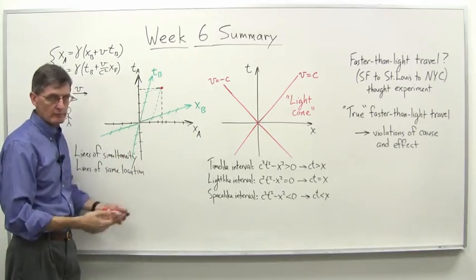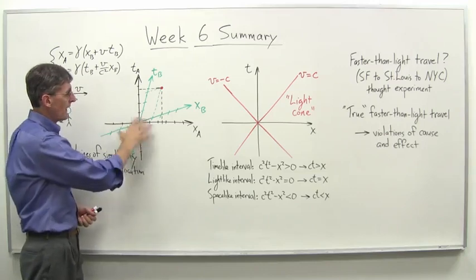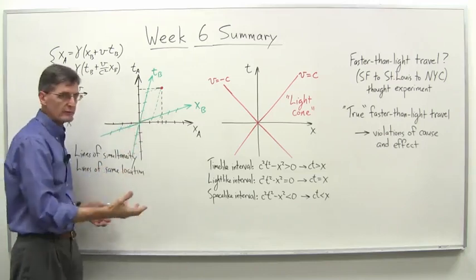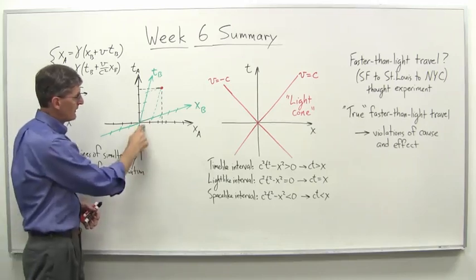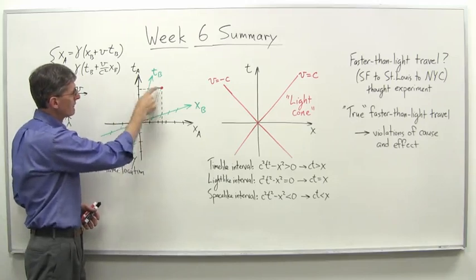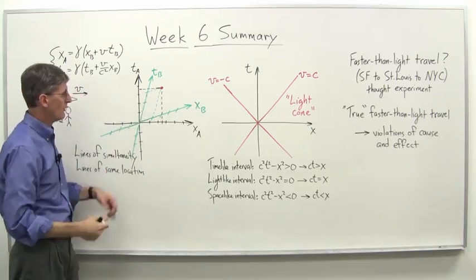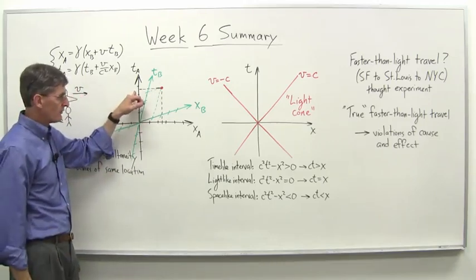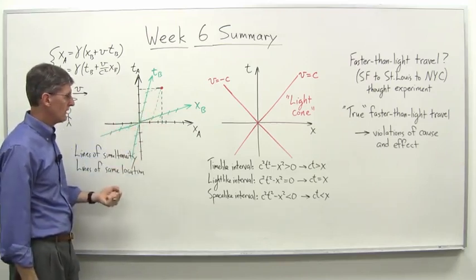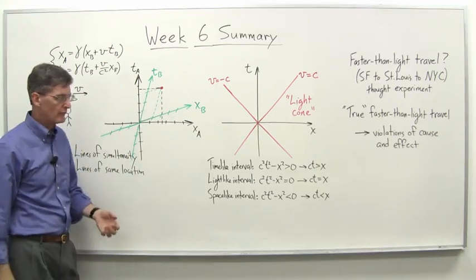For Alice, it's not an exact diagram, but I've got about 2.5 for x, and maybe 3.5, maybe a little bit more for the t coordinate. So Alice and Bob, same space-time event, but they observe it with different coordinates.